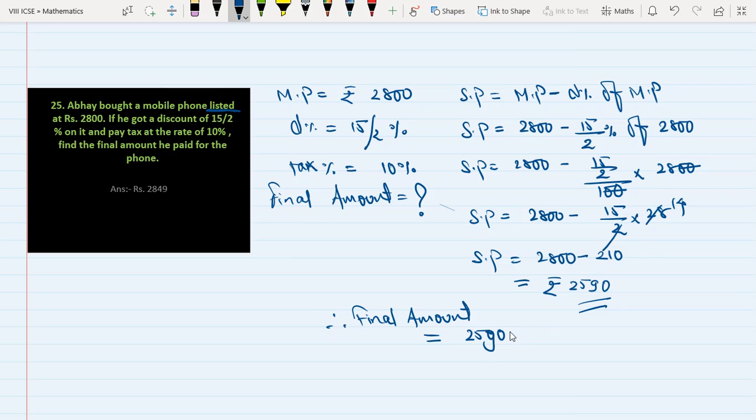We have to add the tax simply, plus 10% of 2590. That is 2590 plus 259. 2590 plus 259, 2849.